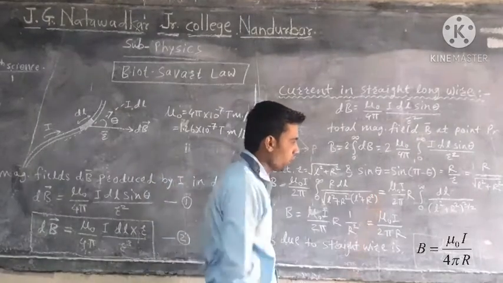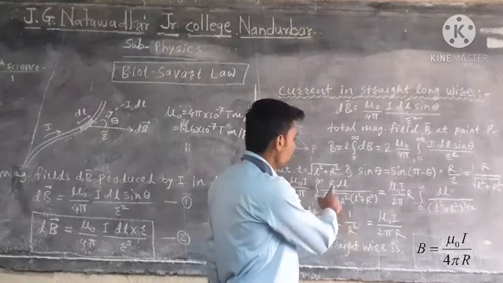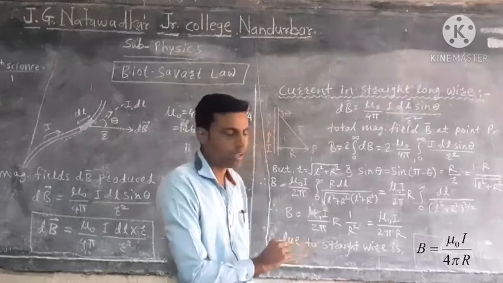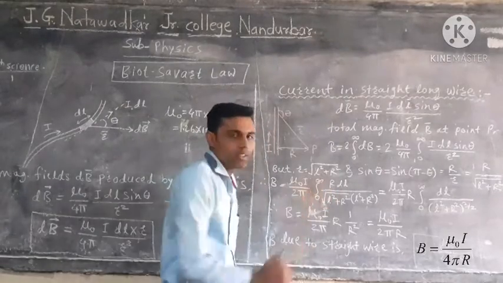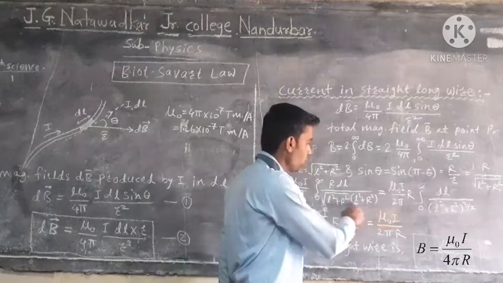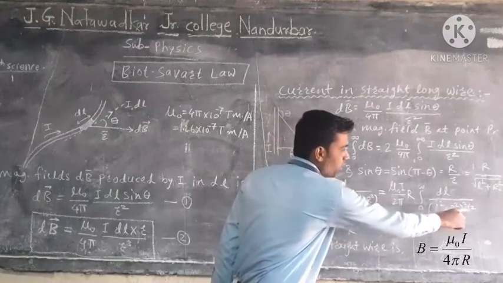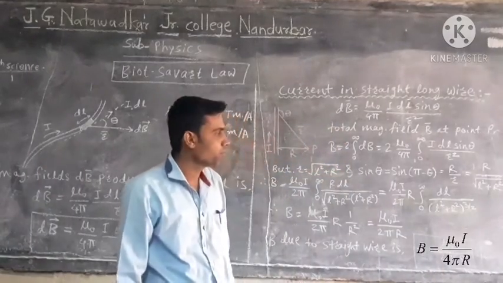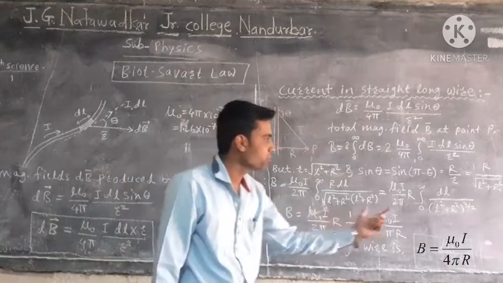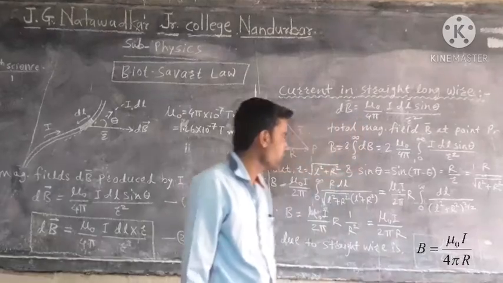After calculation, we will get R, which is also independent of length element L. That's why it will again come outside the integration sign, and after simple calculation the power of the denominator will become 3 by 2. Okay, this is 1 and this is half. That's why the power will become 3 by 2.